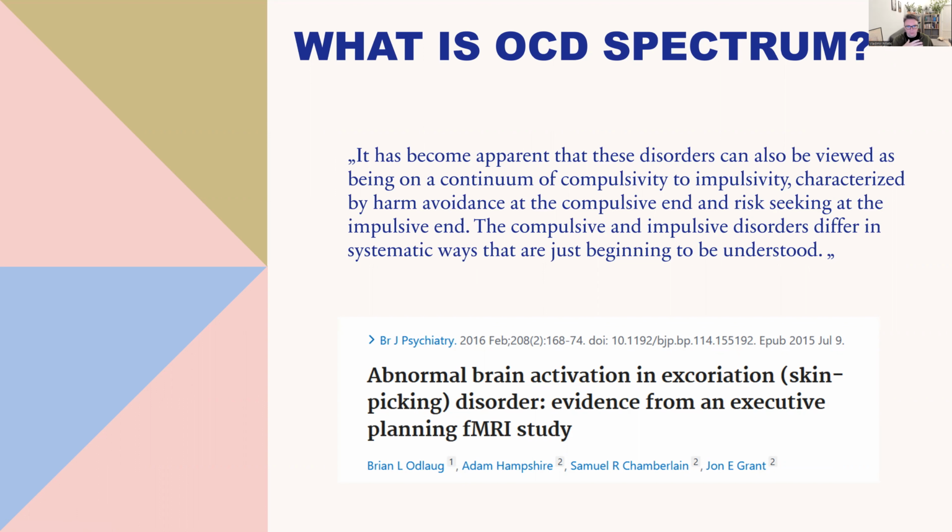But what is important to understand is that when it comes to the OCD spectrum, we're not just talking about excessive anxiety like we do with, let's say, generalized anxiety disorder, right? We're talking about either compulsivity or impulsive behavior, essentially. When it comes to body-focused repetitive behaviors, avoidant behaviors are quite common.